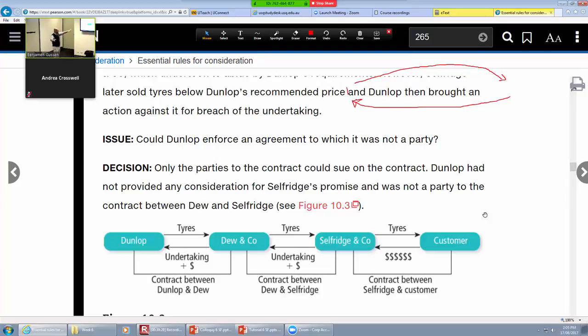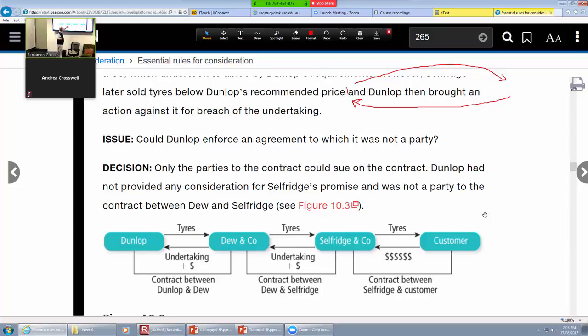Okay, let's ask the first question. They're saying that Dunlop wants to bring this cause of action for breach of contract, breach of the undertaking, right? Which undertaking are they talking about? Yeah, okay, which undertaking are they talking about? This undertaking? These people broke this undertaking?